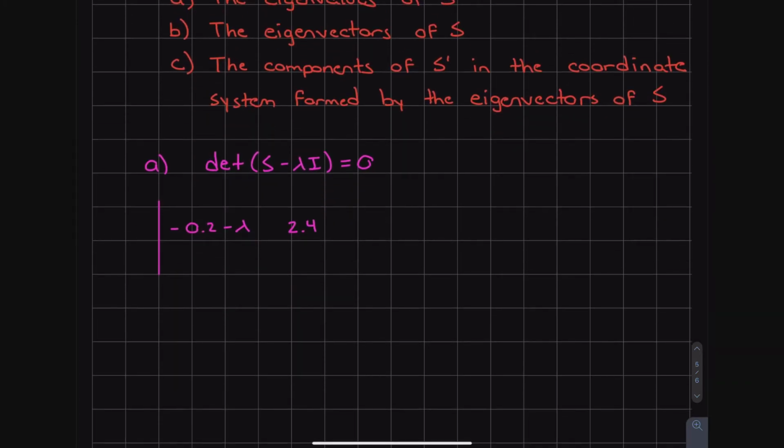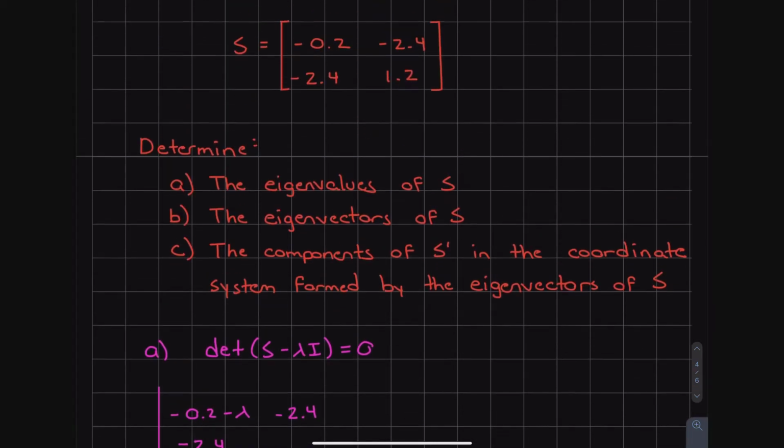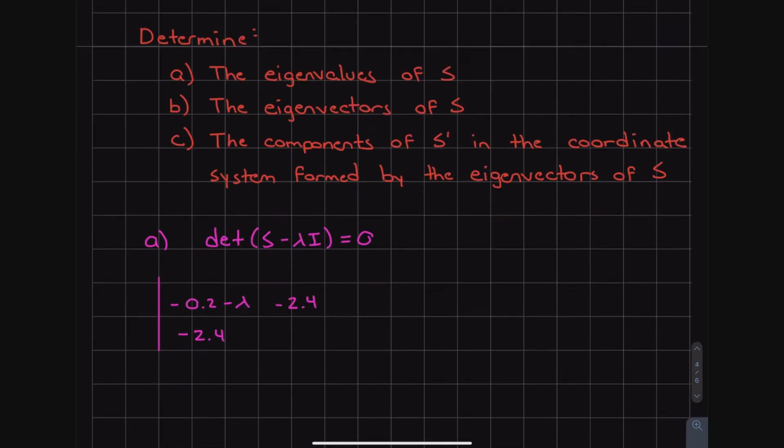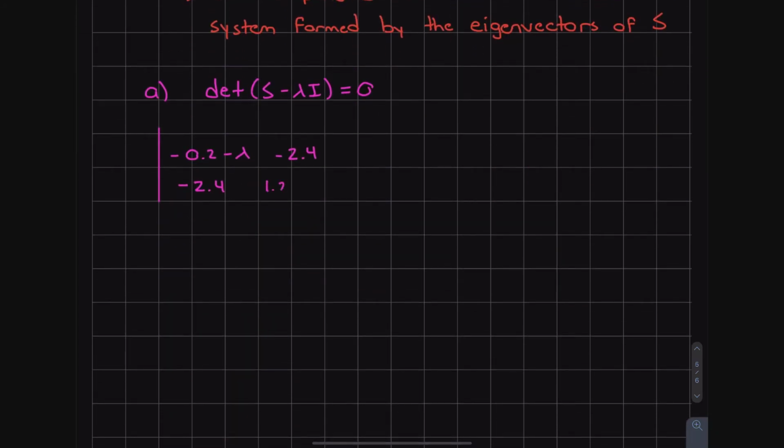And the same on this side, since it's symmetric. And then we have 1.2 minus lambda. Remember that this determinant must be equal to 0.